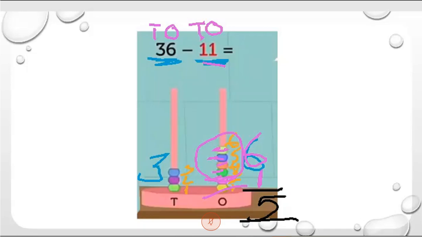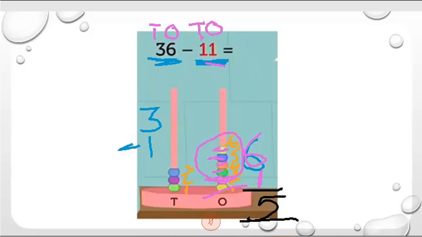Yes. Now let's do the other. Here also from 3 you have to minus 1 in the tens place. So do it. 3 minus 1. So 1 is going to cancel. We are going to cut 1.